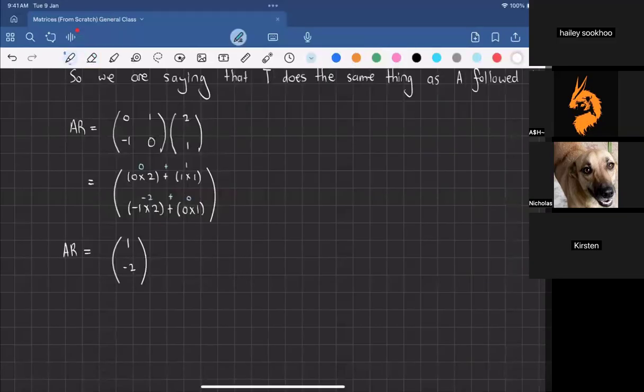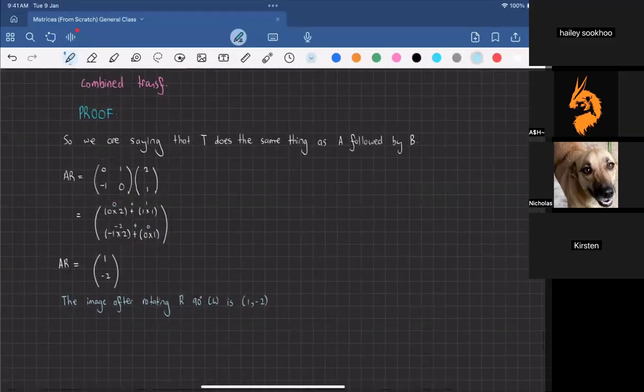If you understand that, basically this would be the image. So the image after rotating R 90 degrees clockwise is 1 comma minus 2.